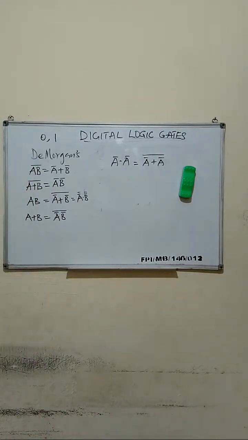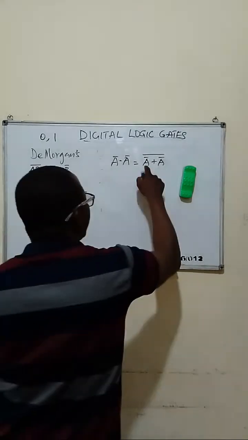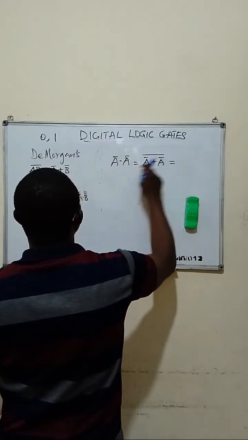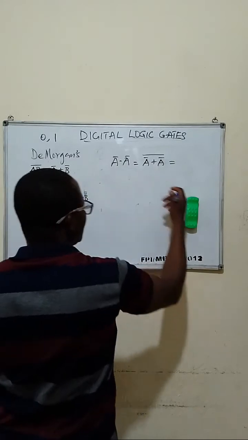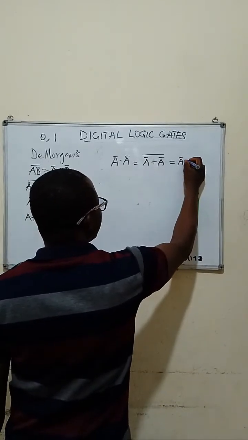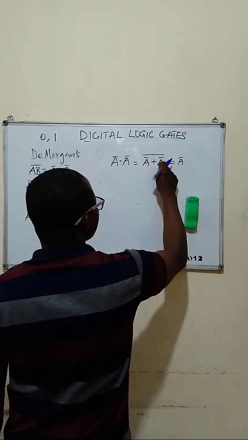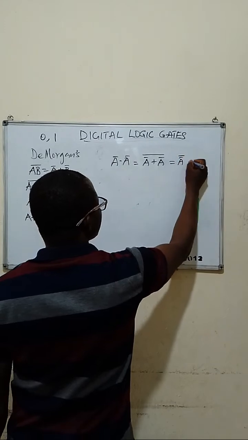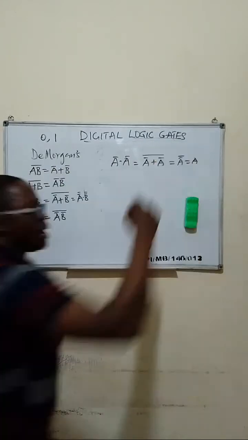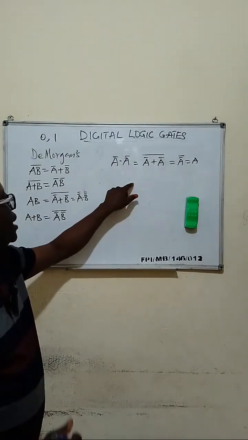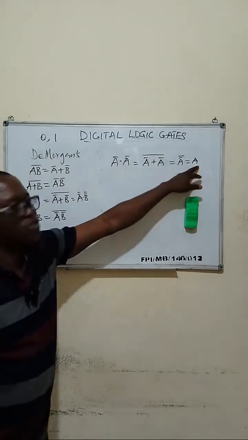Meanwhile, A bar plus A bar is actually A bar, like we learned in one of the previous laws. Then the long bar comes back on top of it, and this gives us A. So your question, A bar dot A bar, will give us A.